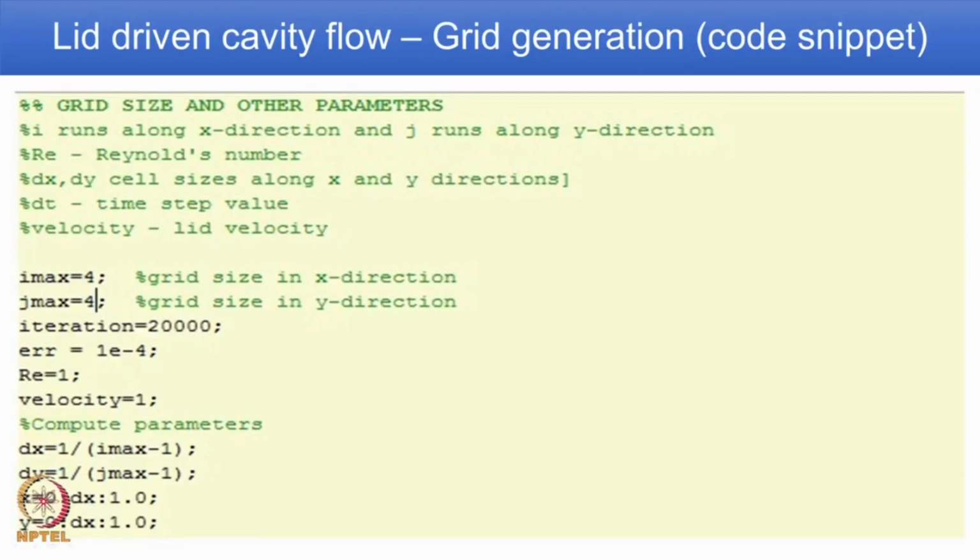Similarly, in the y direction it starts from y equal to 0 and ends at 1, because we have defined the side of the square cavity as 1, and we have also explained dx equal to dy; for simplicity we have considered dx equal to dy. In this particular line we have y equal to 0 with step dx, it can also be dy, from y equal to 0 to y equal to 1.0.